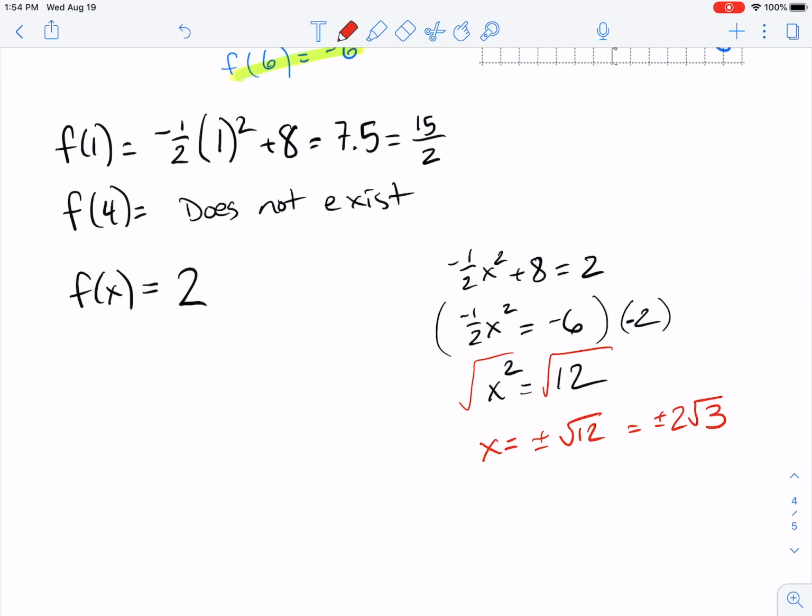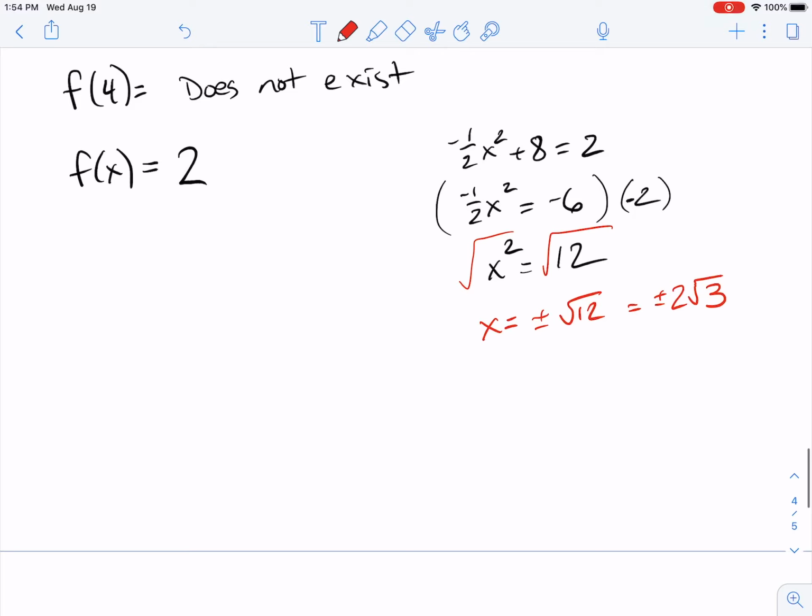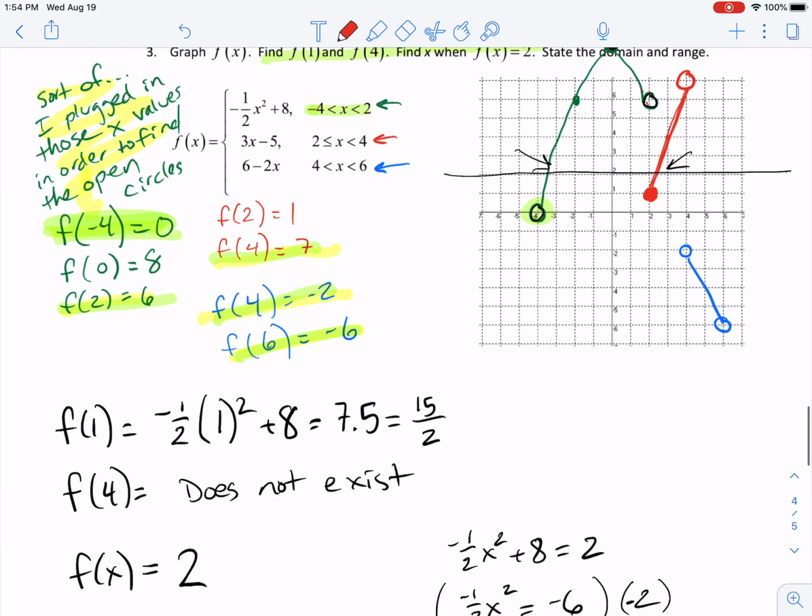So we have x is equal to plus or minus 2 root 3, but the positive one would be somewhere over here, which I don't want to draw. In this problem, I only need the negative. So x is equal to -2 root 3. That's this value right here.